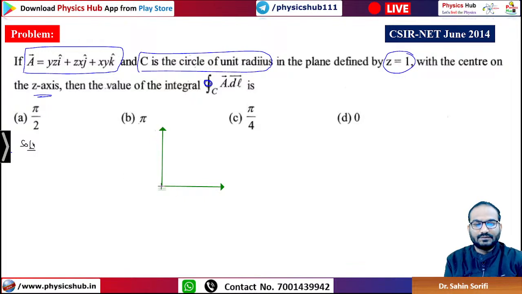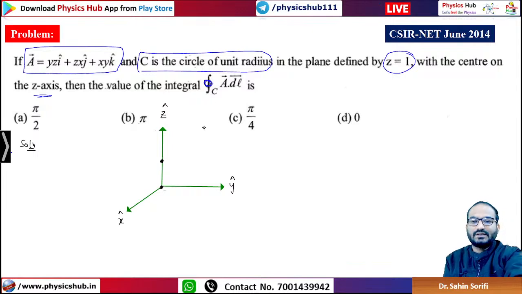If I consider the situation, let's say this is x axis, this is y axis, and this is z axis. C is the circle of unit radius in the plane defined by z equals to 1. So this is z equals to 0, and let's say this is z equals to 1. Your circle is situated at z equals to 1 and with the center on the z axis.